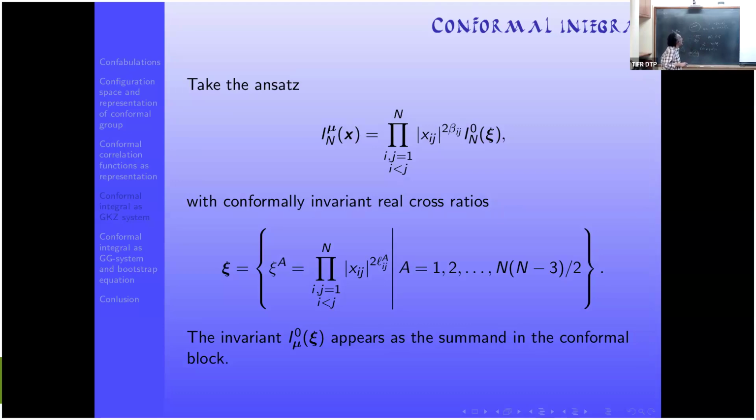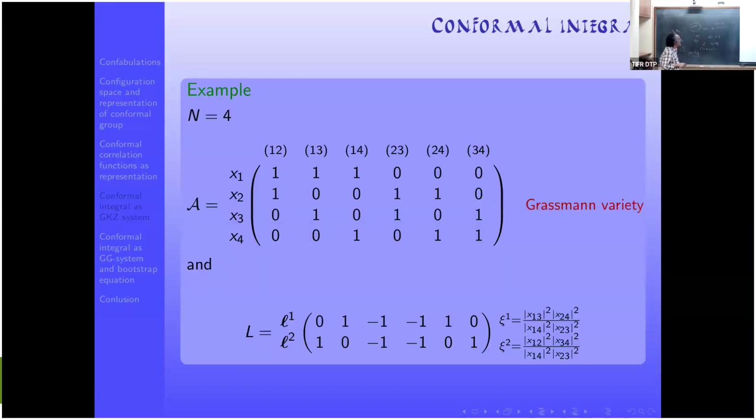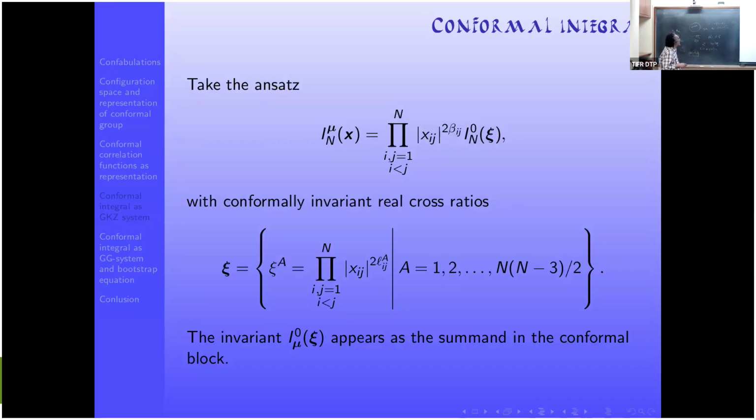Now, I have this notation that I write x_i as x_ij to the power l_ij's. The l_ij's are being this size. This is just a notation for these vectors. And this invariant appears, as Abhijit says, as a summand in the conformal block or the partial wave. So it's exactly those.